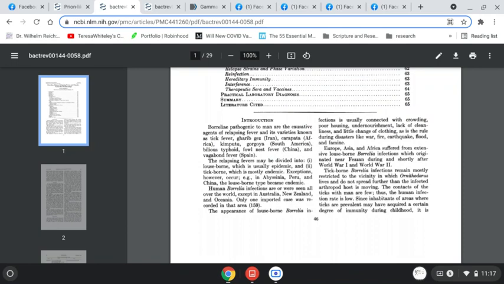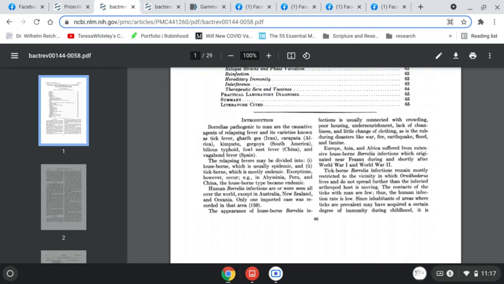It may be divided into louse-borne, which is usually epidemic, and tick-borne, which is mostly endemic. Exceptions occur. Human Borrelia infections are or were seen all over the world except in Australia, New Zealand, and Oceania. And I think I read this before in one of my videos because I commented how they probably fixed that by now. That's probably not true anymore.